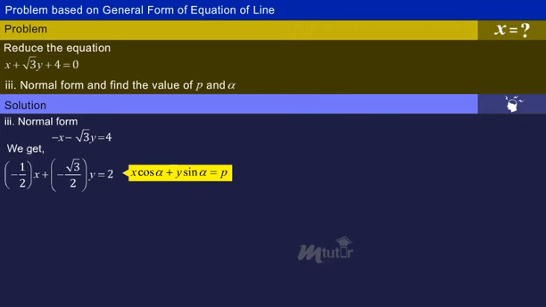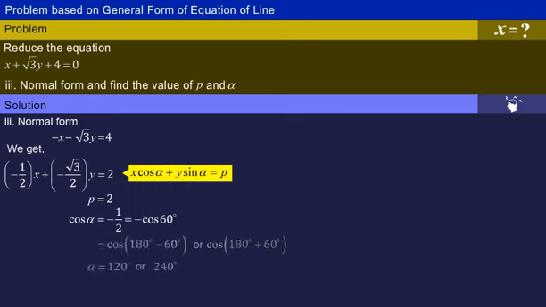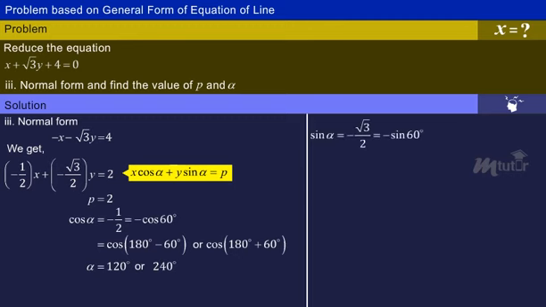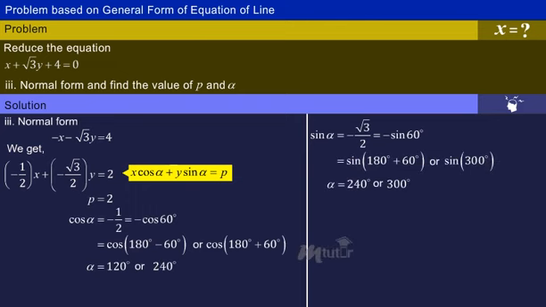By equating the general terms, we get p as 2 and cos alpha is equal to minus 1 by 2, which implies alpha is equal to 120 degrees or 240 degrees. Similarly, we get sin alpha is equal to minus root 3 by 2, which implies alpha is equal to 240 degrees or 300 degrees.